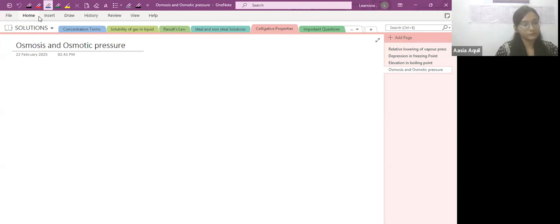Okay. Just don't forget to add this word semi-permeable membrane. Through a semi-permeable membrane, right? So what does osmosis mean? The process of flow of solvent molecules through the semi-permeable membrane from the solution of higher concentration to lower concentration.